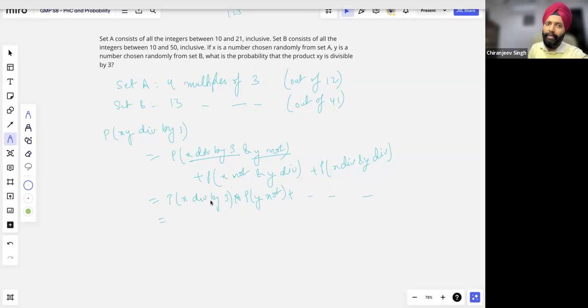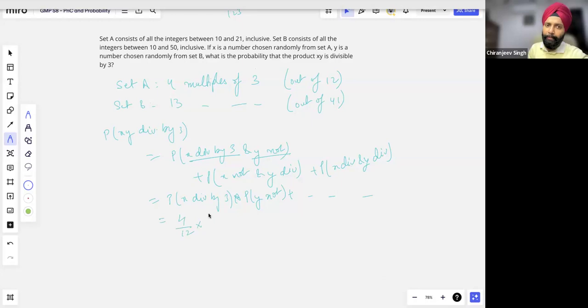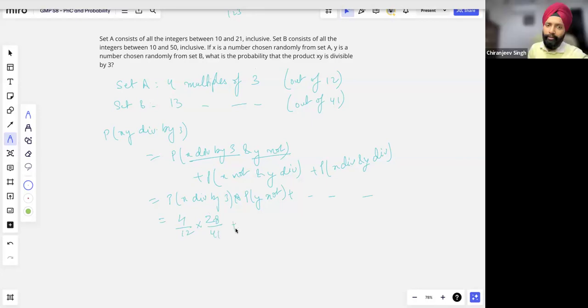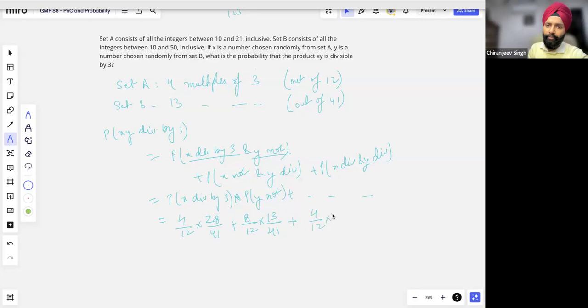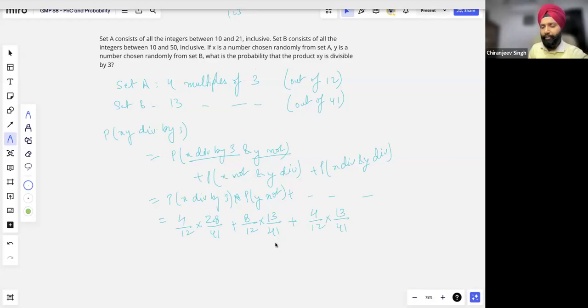So what is the probability that x is divisible by 3? 4 by 12. And what is the probability y is not divisible by 3? 28 by 41. Then x not divisible is 8 by 12, and y divisible is 13 by 41, plus both is 4 by 12.